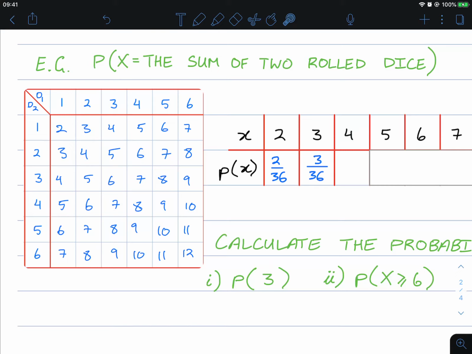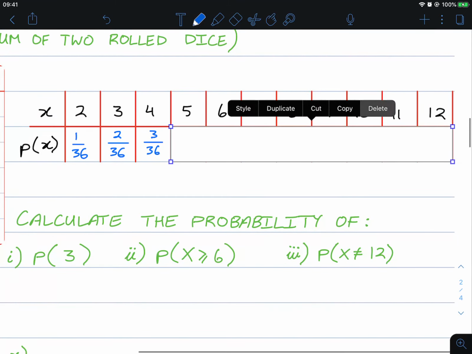I'm hoping you're seeing the pattern here. Sorry, I just misspoke; I'm getting confused with the numbers themselves. And for 4, there's 3 squares. So that's 3 in 36. And the rest of them are shown as follows.